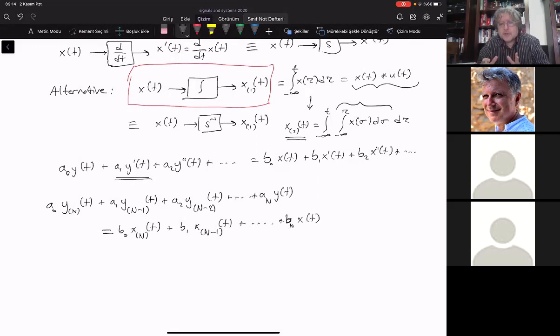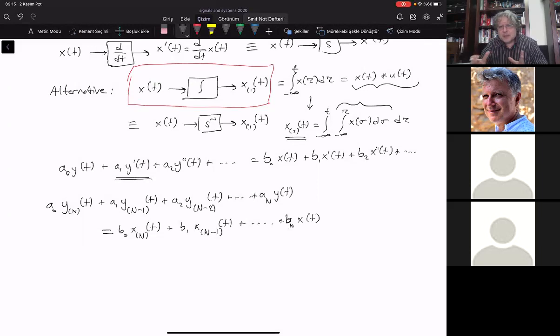So the orders of a and b, like from a0 to an, and x sub n and x sub n minus 1, etc., they are inversely related. a0 multiplies y sub n, and a sub n multiplies y of t, which is y sub 0, okay? So they are in the reverse order. And that makes the differential equation converted into an integral equation format.